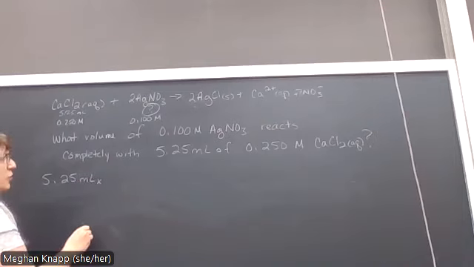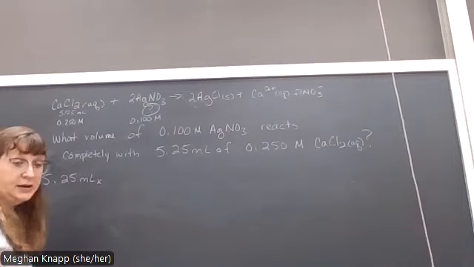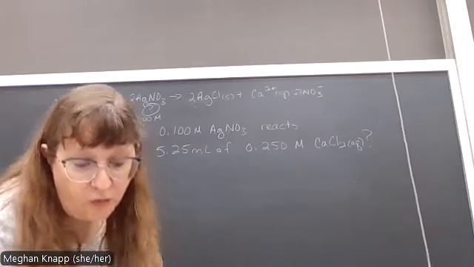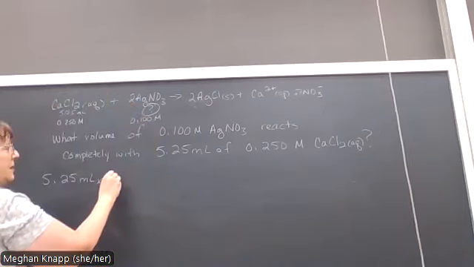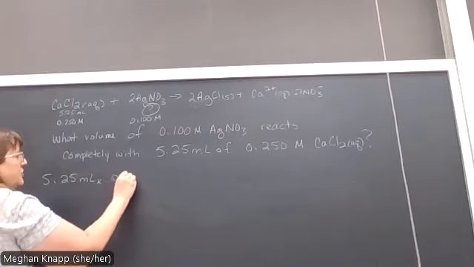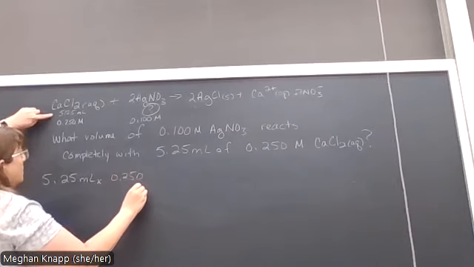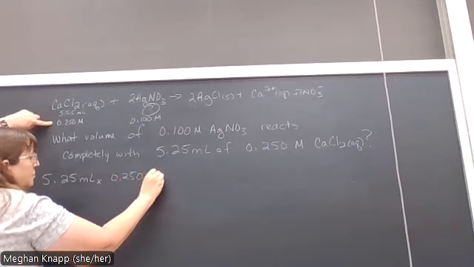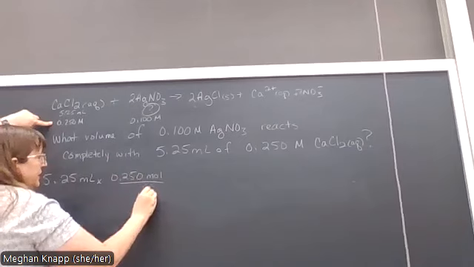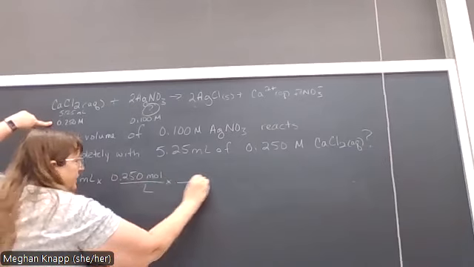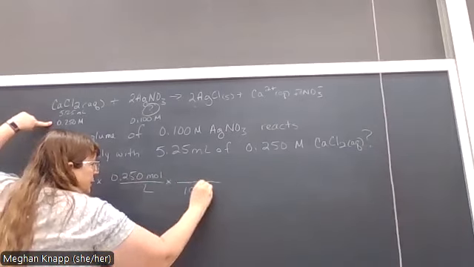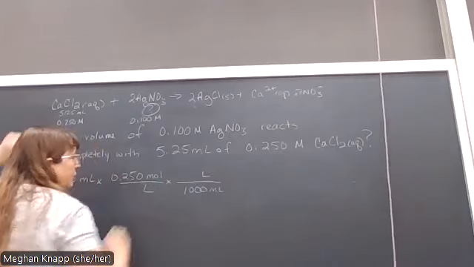And then it says we're going to multiply that by M over 1,000. So M is the 0.250 right here. That's moles per liter. And then we're going to divide by 1,000 milliliters per liter.